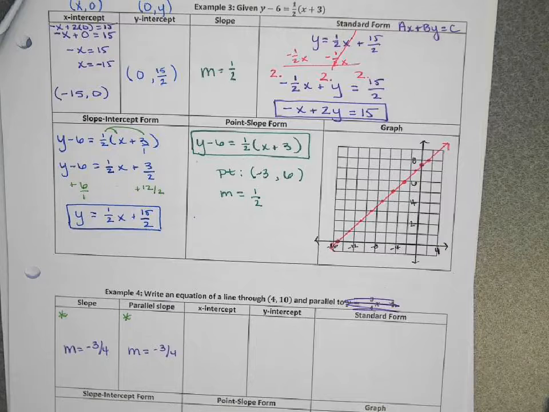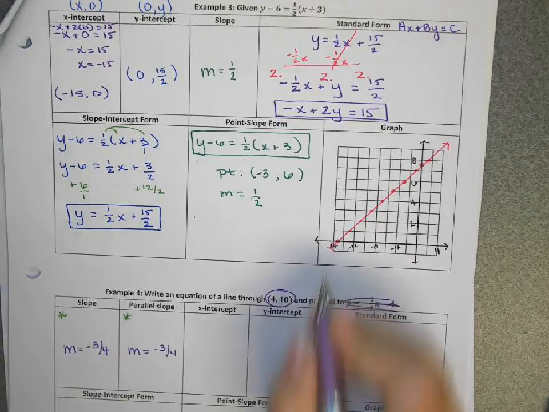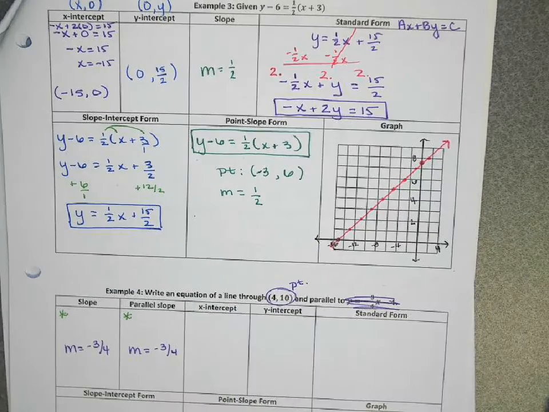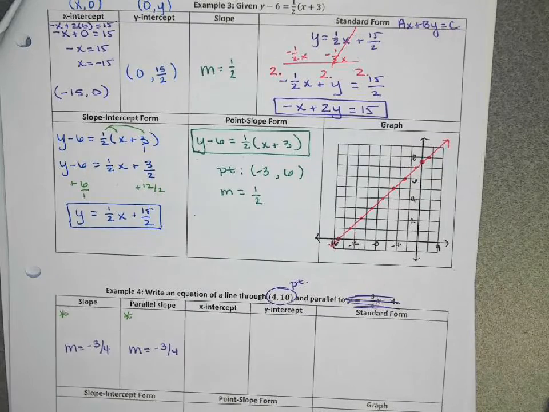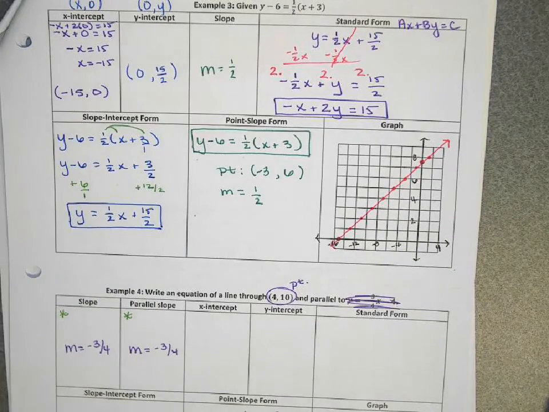Okay? Because it tells you that it has to go through this point, and it gives you a point, and you found the slope, I would probably go to point slope form first. Because they gave you the point (4, 10), and we figured out that our slope needs to be -3/4.